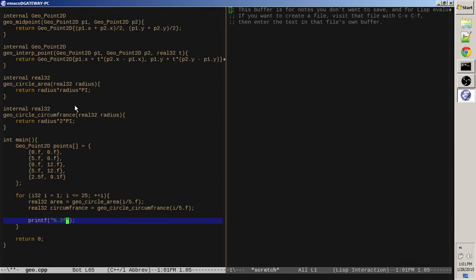Let's see, so that's radius, area. We're going to want a little bit more precision for these because they're basically not going to be just zeros there, but I don't want all of the data because I don't really care. Just kind of trying to make sure that the numbers all look roughly correct.